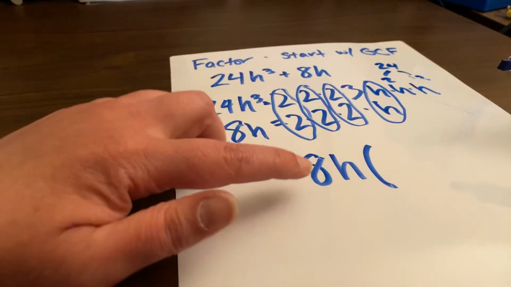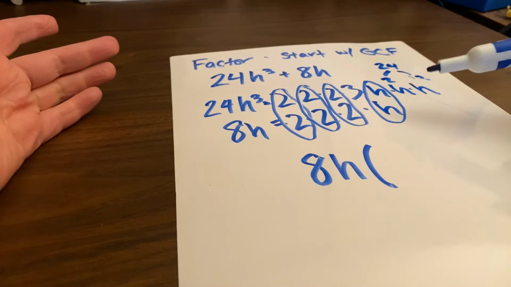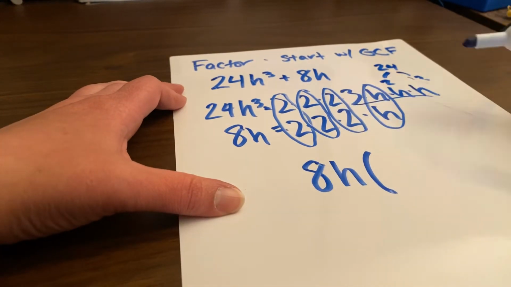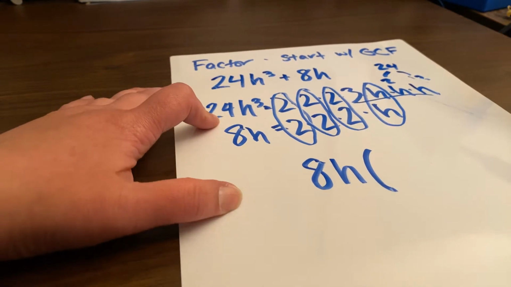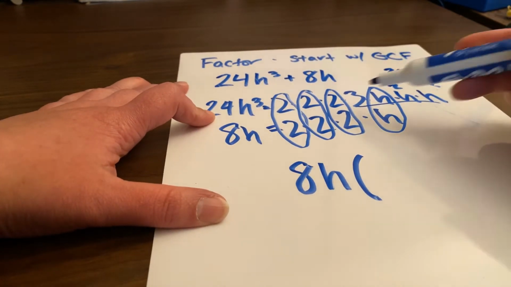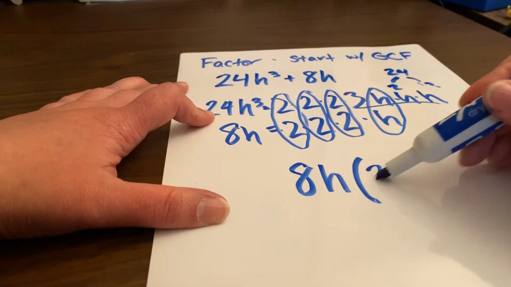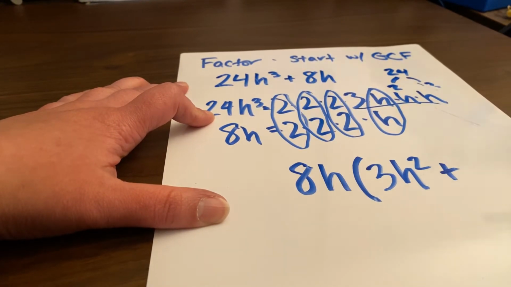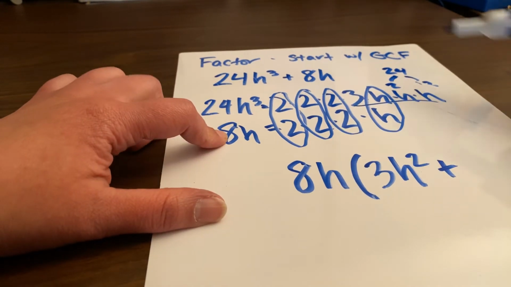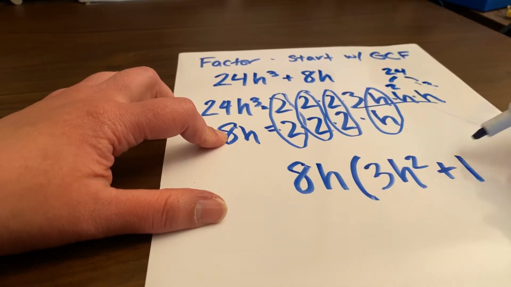And I like to say we put the leftovers inside the parentheses. So what's left over from the 24h cubed? That's a 3h squared. Plus, well, 8h times what gives you 8h? That's just 1. We can't forget the 1.